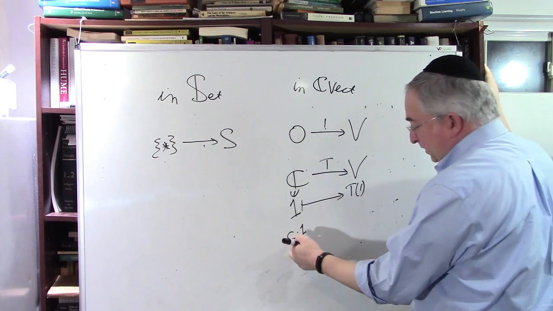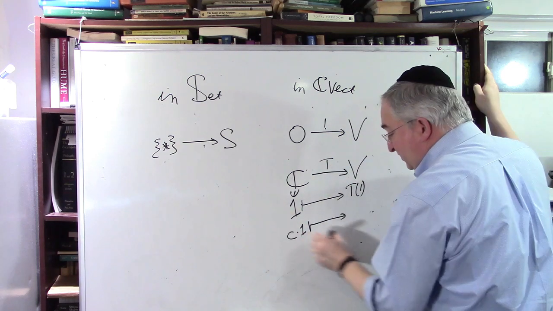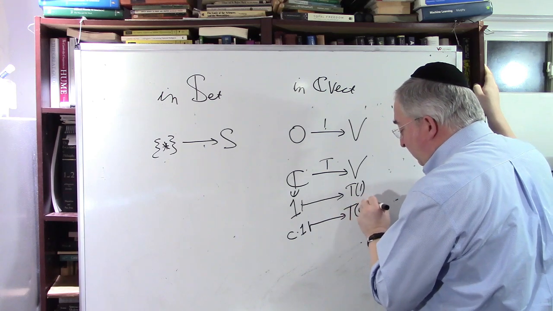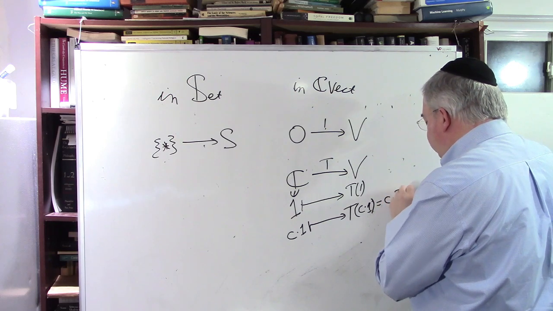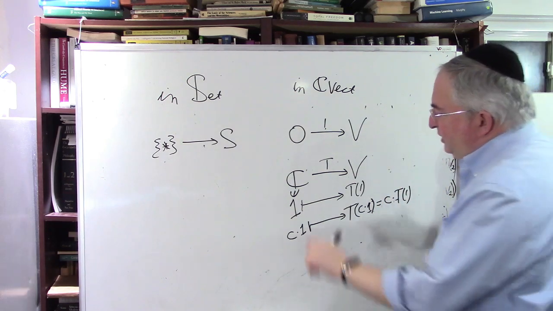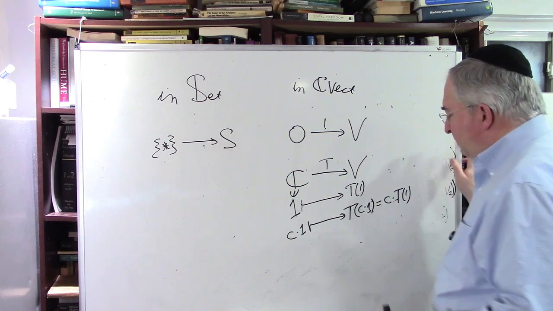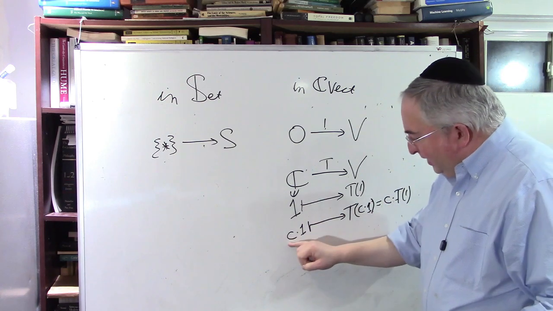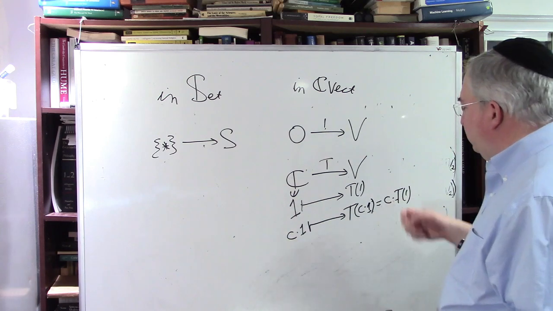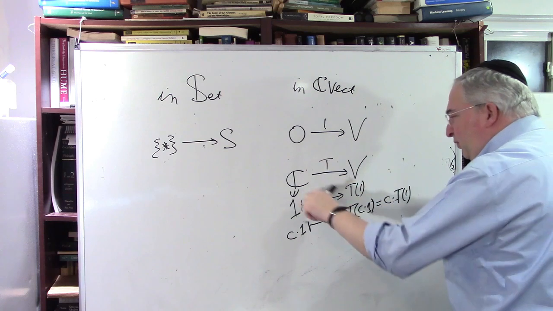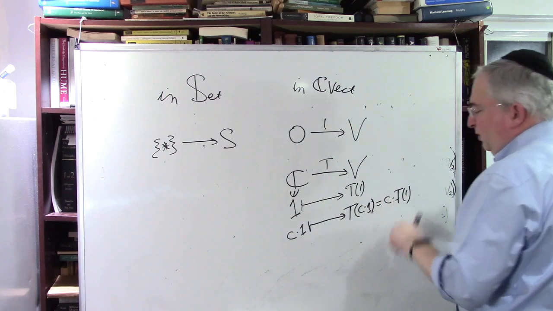C times 1 is C, so we can think of it like that. Well, T of C times 1 is going to equal C times T of 1. The point is that this map is totally determined by where 1 goes, because any other number is a scalar multiple of 1. So this map from the complex numbers to any complex vector space is totally determined by 1.